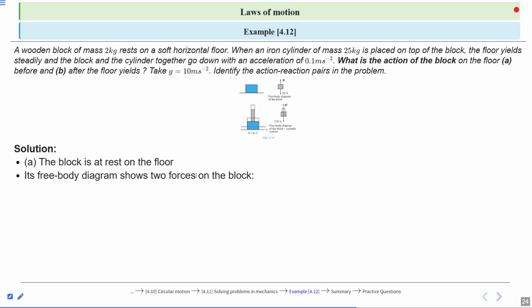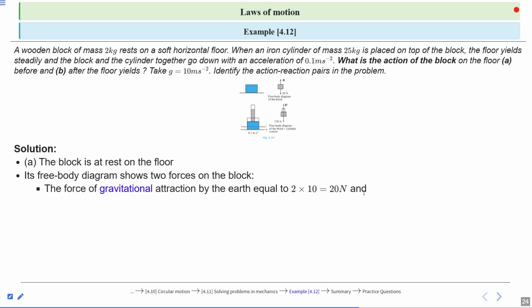Which ones? The first force is the force of gravitational attraction by the earth, that is equal to 2 into 10, which is equal to 20 Newton, or we can say weight, mass into g. So here g is 10 meter per second square and mass is 2 kg. So the force of gravitational attraction is 20 Newton.